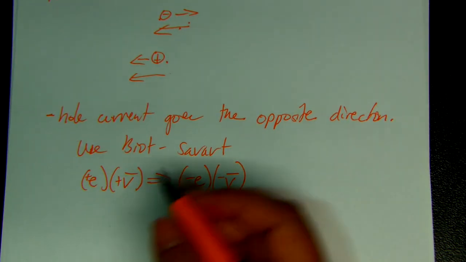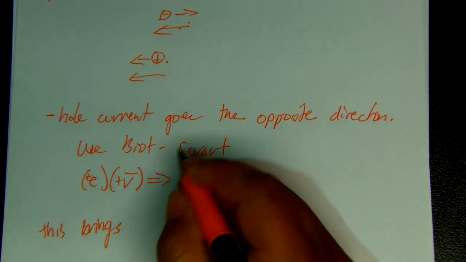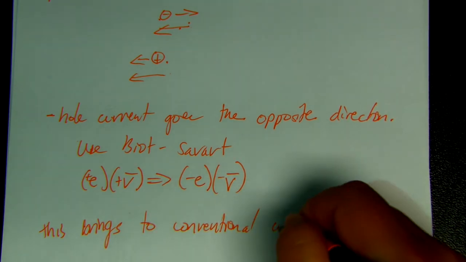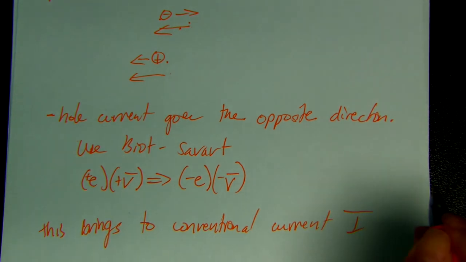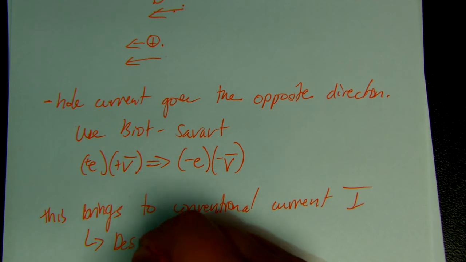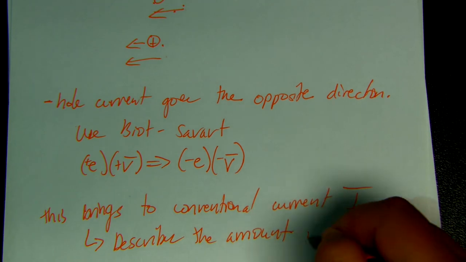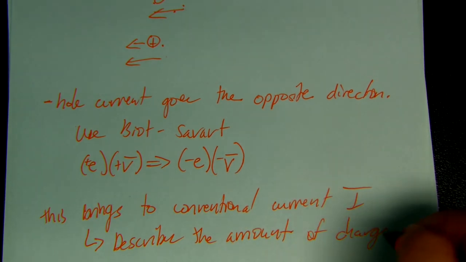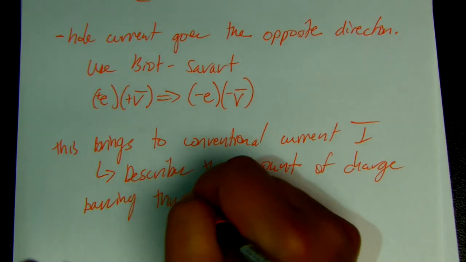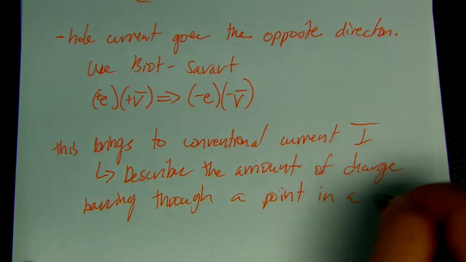So this brings us to conventional current, which basically assumes the positive charges are moving. This is what we still use to understand current today. We denote it with a capital I. And it describes the amount of charge passing through a point in a second.